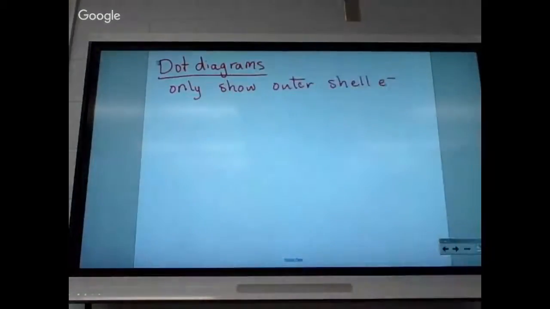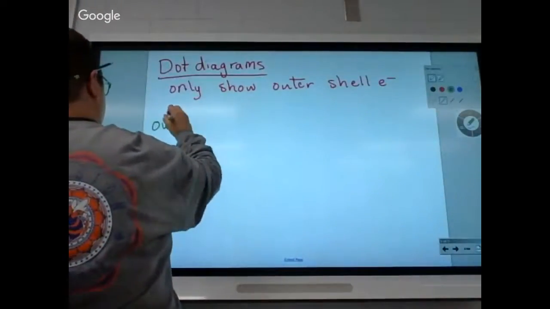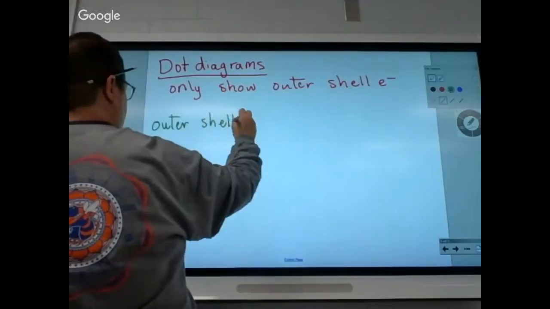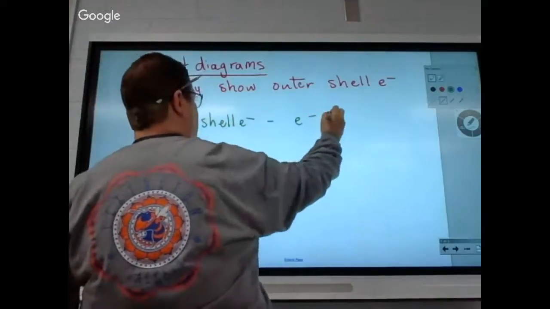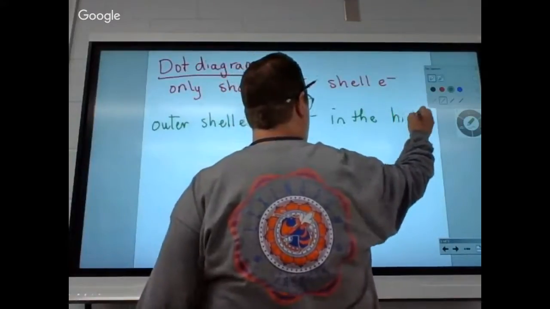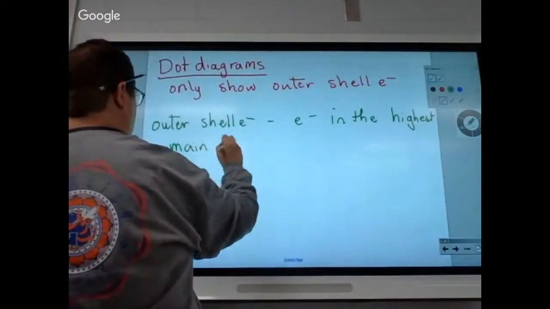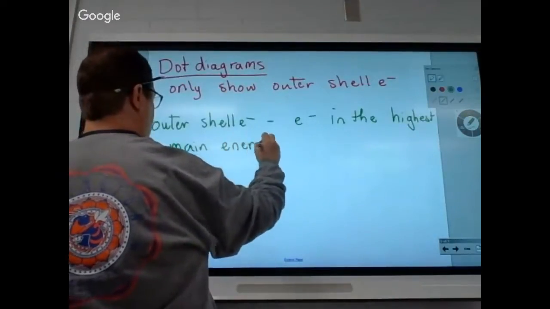So in order to do dot diagrams, we have to know the difference between inner shell electrons and outer shell electrons. Outer shell electrons are the electrons in the highest main energy level.